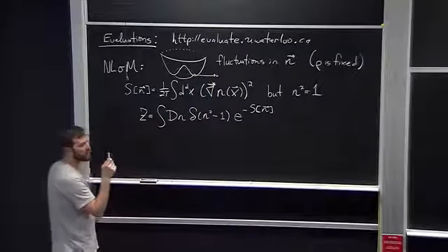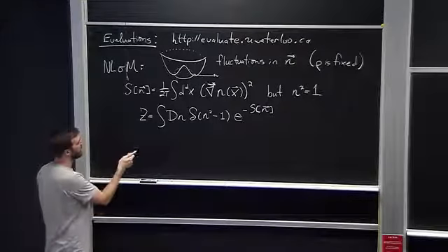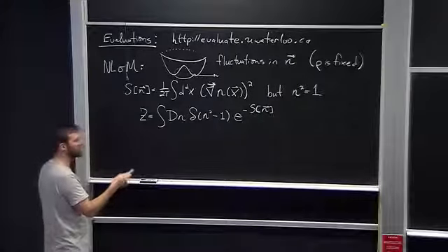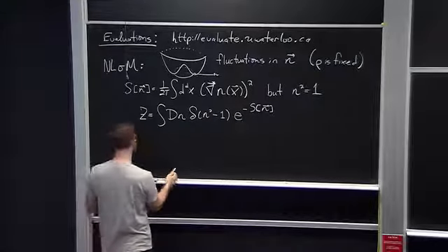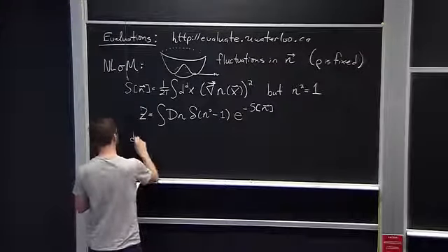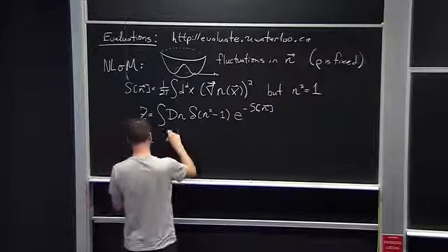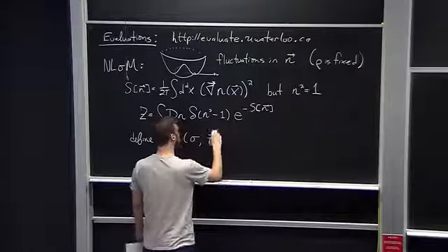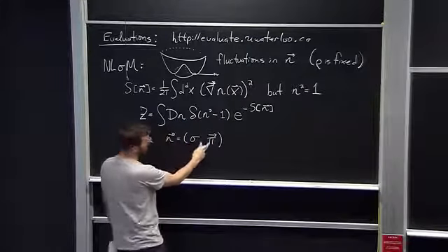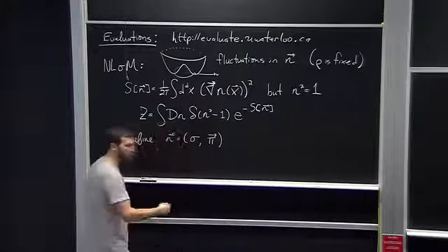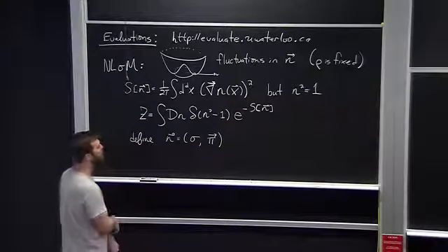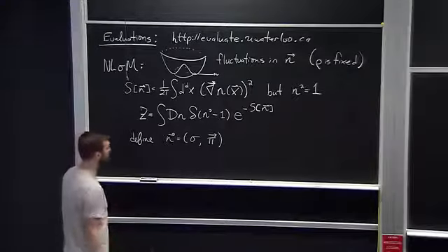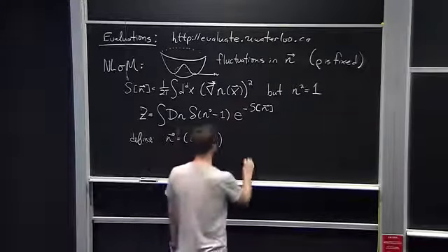We predominantly want to consider that n lies along that axis and has long wavelength or low energy fluctuations. So then we divided things up into sigma and pi. Sigma is that preferred direction, and pi is all the other directions, 1 to n minus 1. And those correspond to your Goldstone modes, or Goldstone bosons in the quantum case.